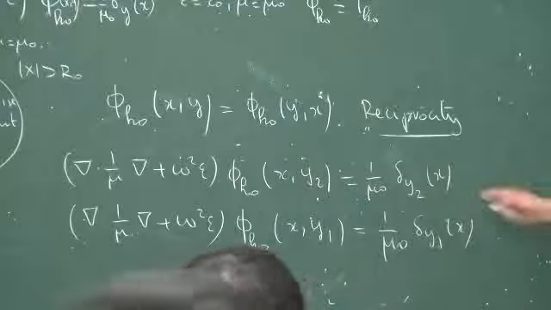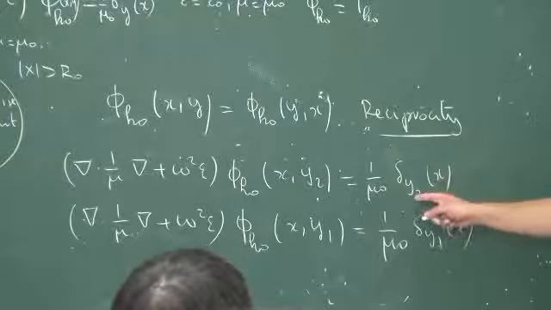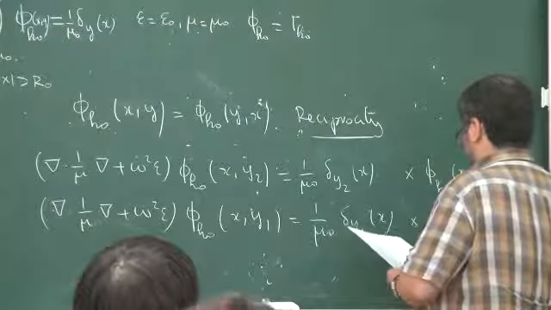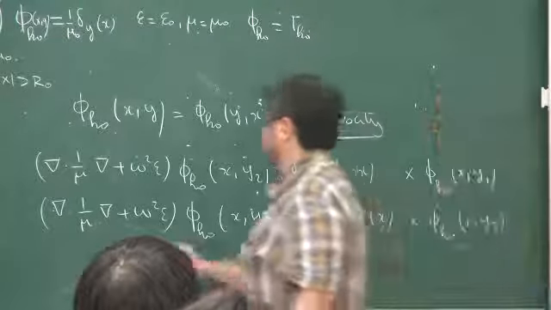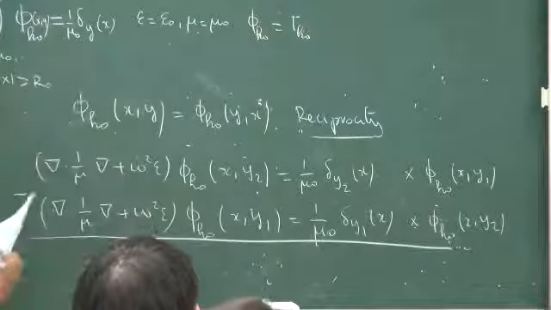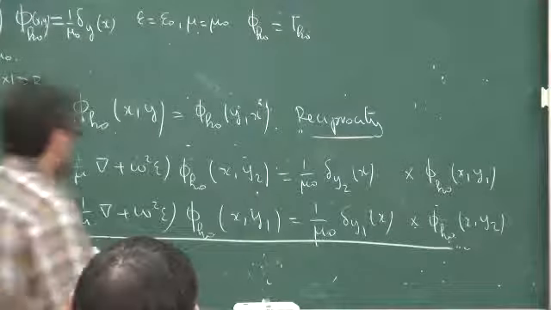Okay. This is the wave generated at y2, and this is the wave generated at y1. Now multiply this equation by phi_k0 of x, y1, multiply that equation by phi_k0 of x, y2, and subtract. If you do it, you will get the following.